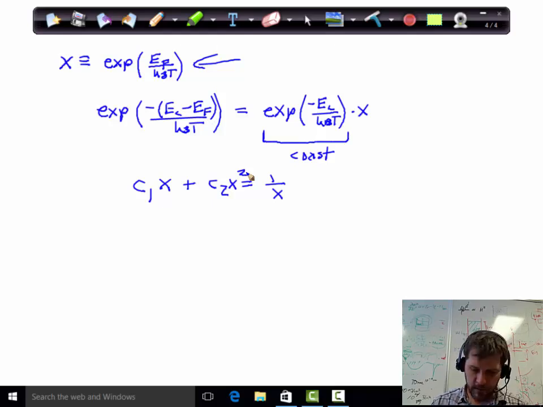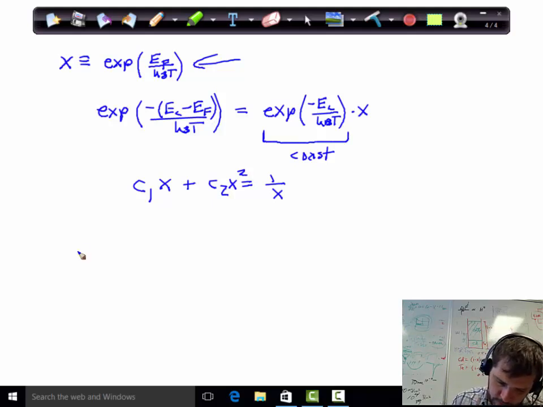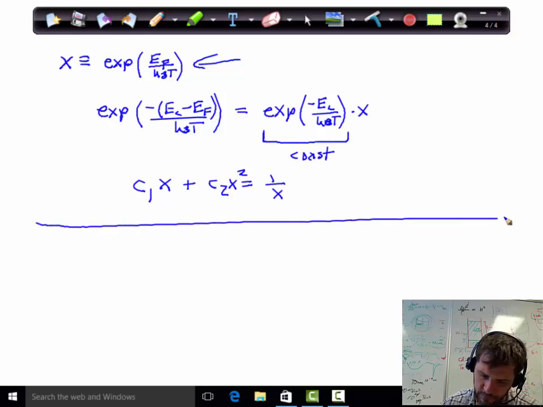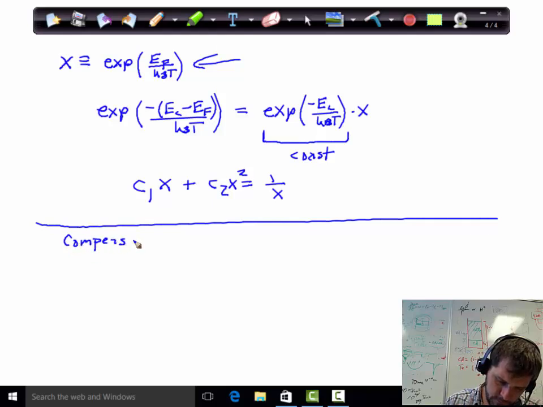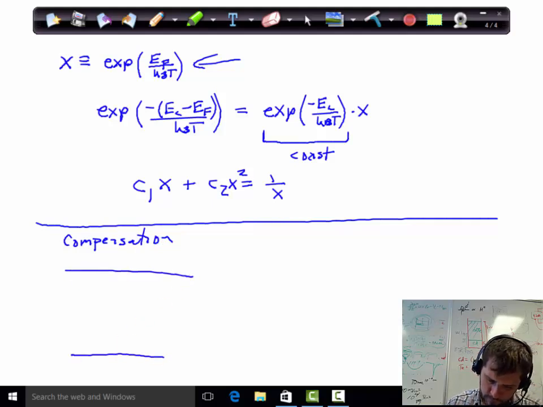I mentioned the case of a compensated semiconductor, and this is going to be the most general case that you would run into, so something that has both donors and acceptors. So we're going to have our conduction band, our valence band.